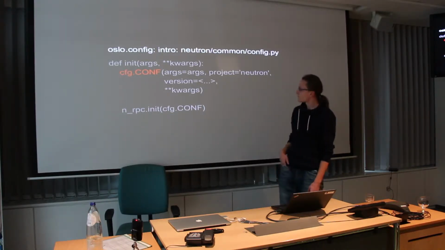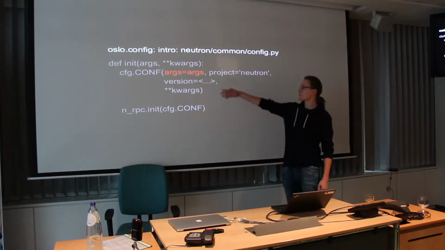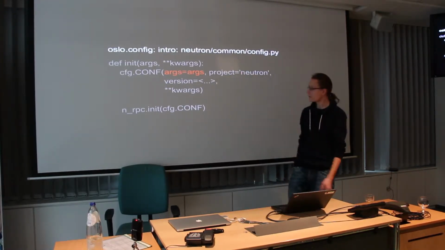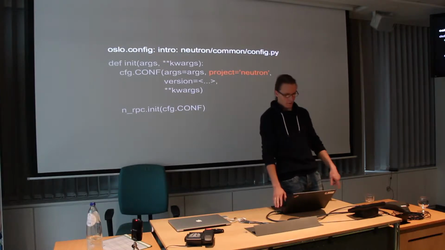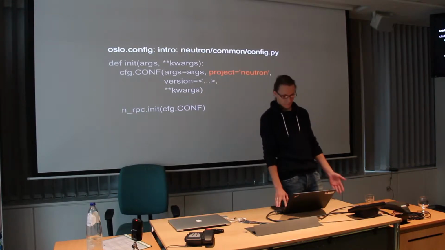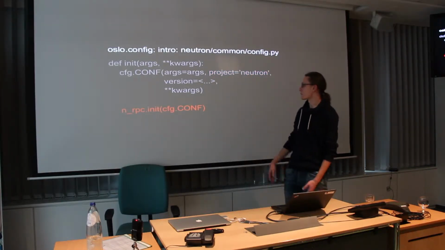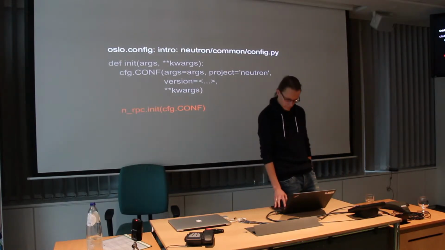And you pass some arguments here. So first, you basically pass whatever was in your RD array, and then you also specify the project name, and that's it. After the call, this global object will have the attributes set as per configuration files parsed, and you can just access them from any place in the code. So then you see that the object is passed somewhere, and then its attributes will be accessed, and that's it.